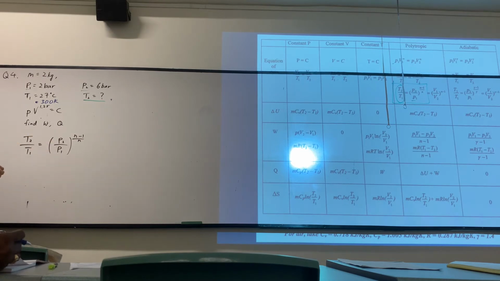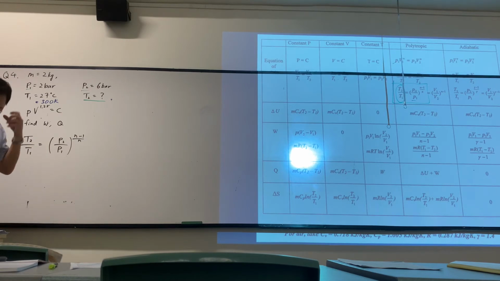T2 is the unknown, so this is what we want to find.